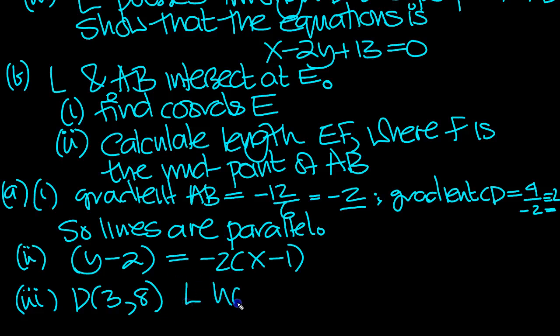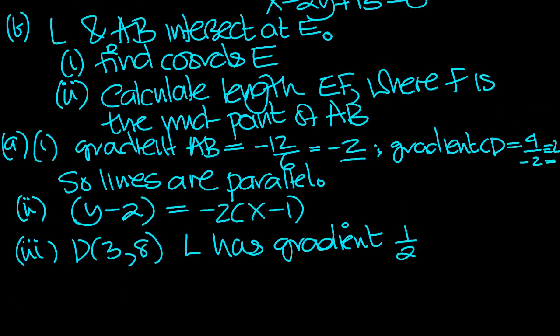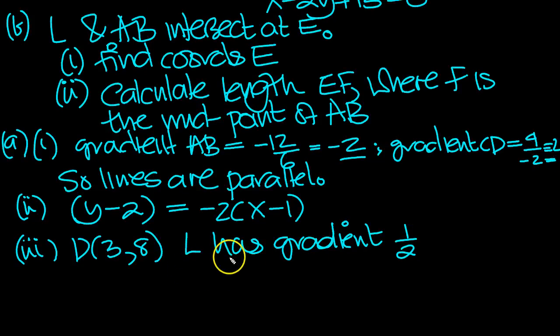L has gradient then. It's perpendicular to AB, and AB has gradient minus 2, so the gradient is going to be a half, because a half times minus 2 gives the product of minus 1, which is the product of perpendicularity of gradients. So there's the gradient then.